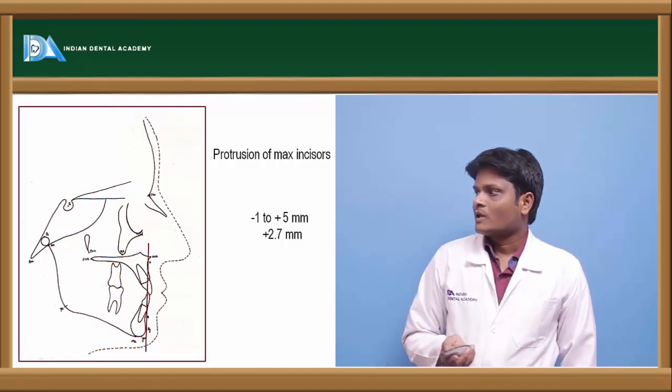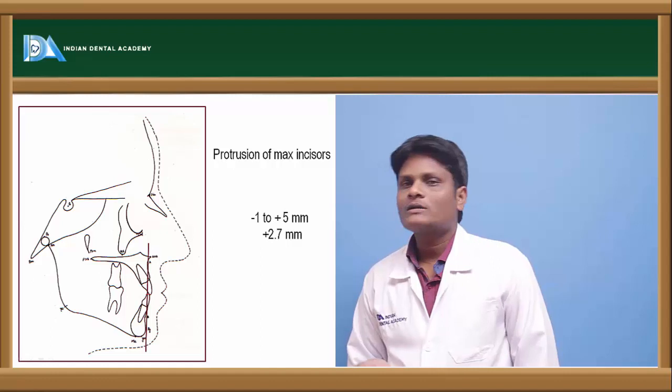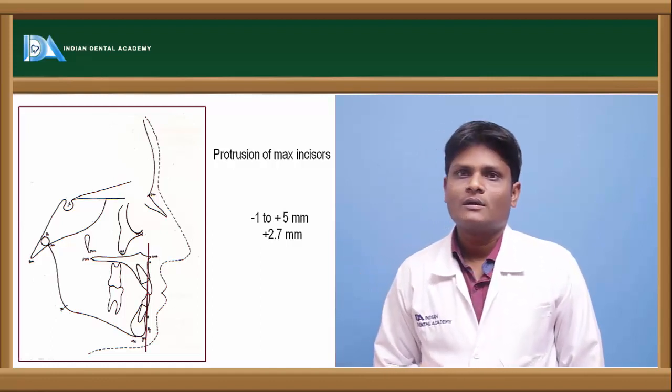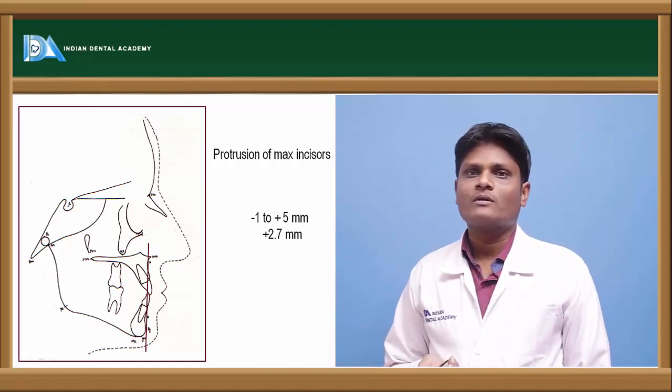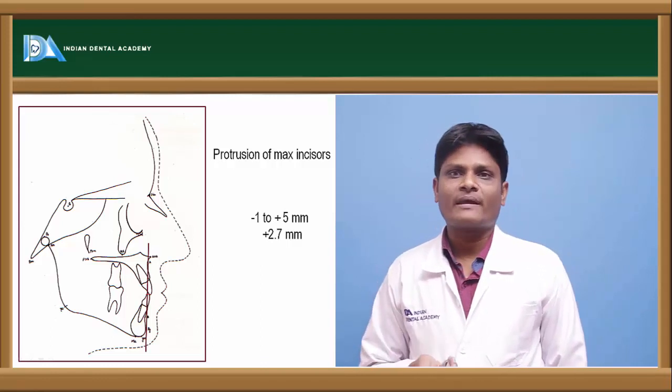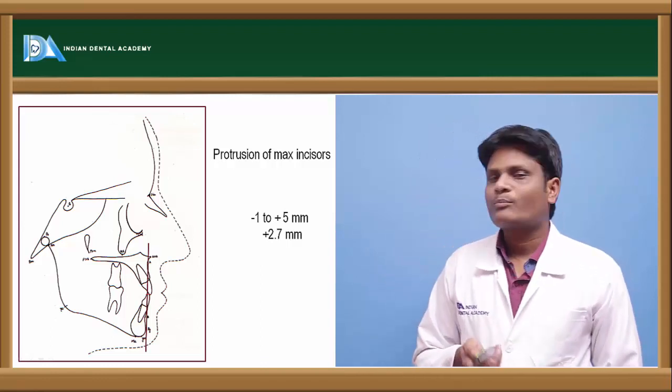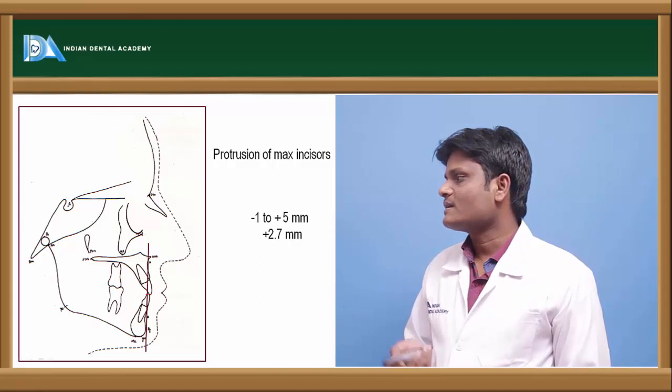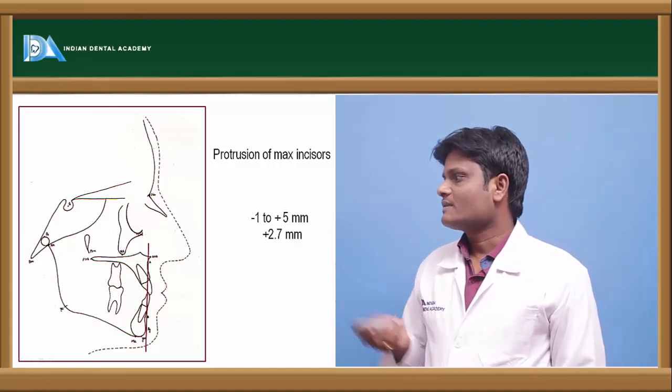Now, we draw a line along the APOG, from point A to point Pogonion. This is called the AP plane, and then we find the protrusion of the upper and lower incisors with respect to this line.